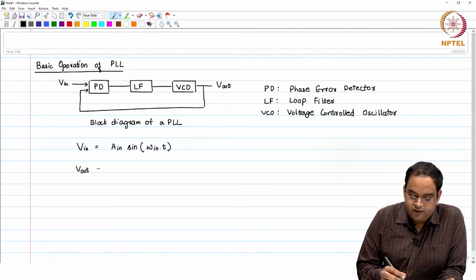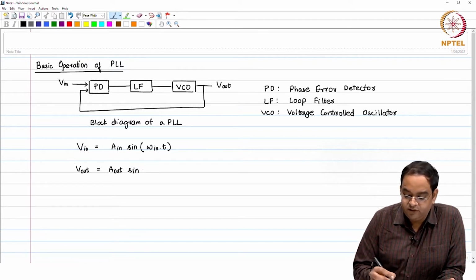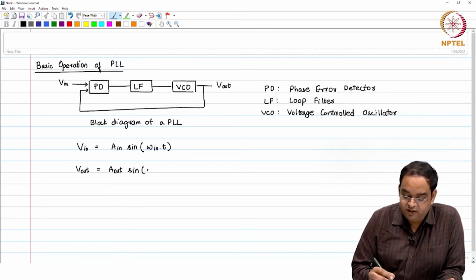V out is A out times sine or cosine, whichever you would like to write, omega out times t.